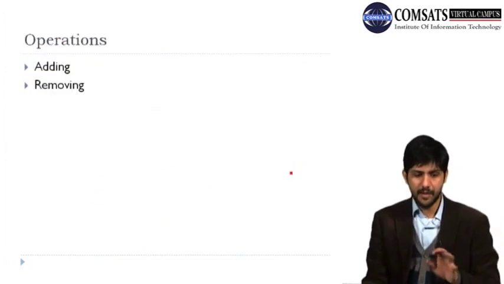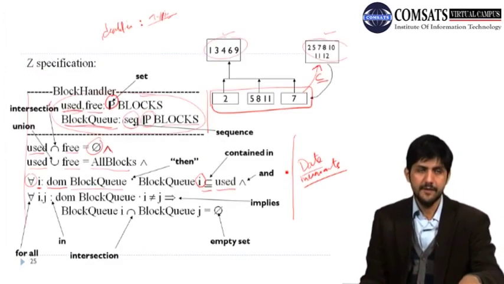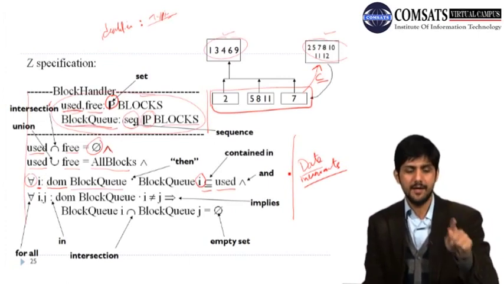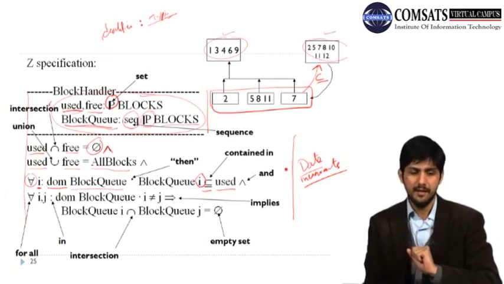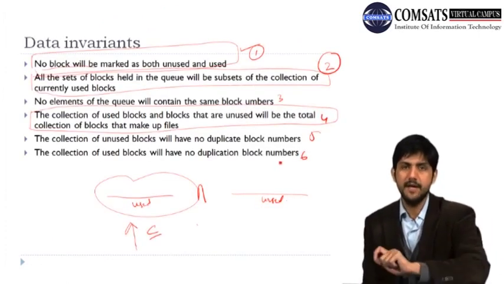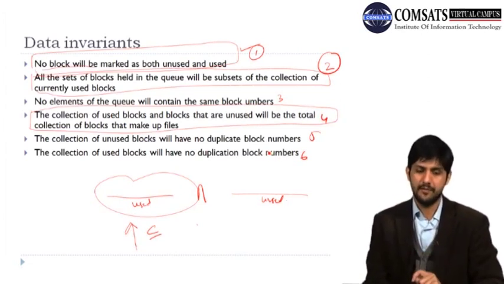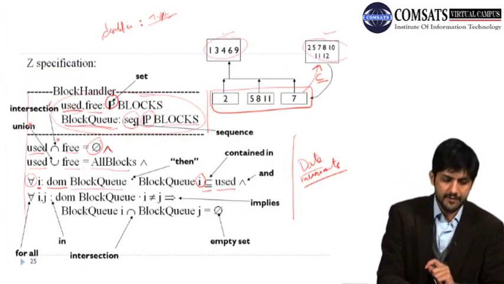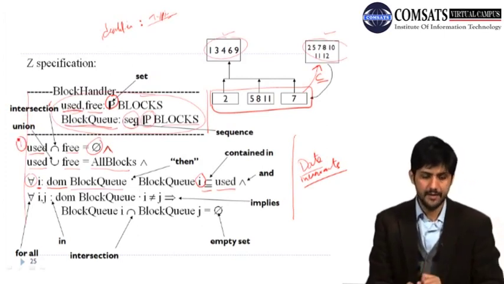Now if we come back here, then the first one, which says used intersection free is equal to null, is this first data invariant, or number 1, which I had on this slide. So this defines the first data invariant from my data invariant slide.